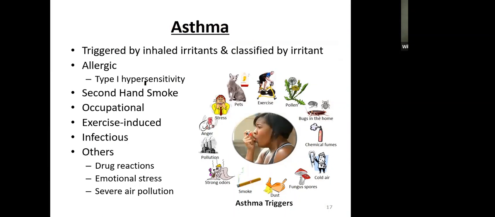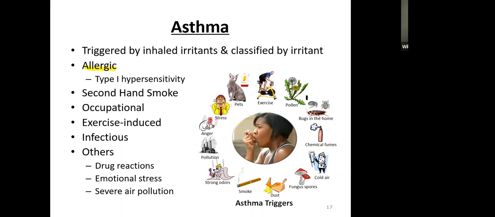So asthma is triggered by inhaled irritants, and so we can have allergic, type 1 hypersensitivity, things like secondhand smoke, occupational, exercise-induced, infectious, other things like drug reactions, emotional stress, air pollution.